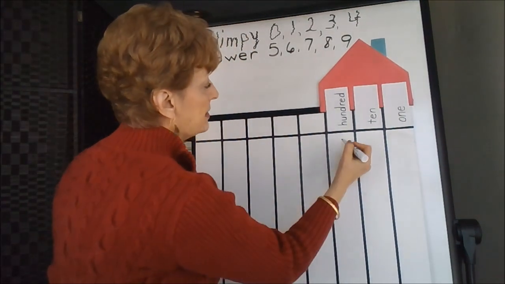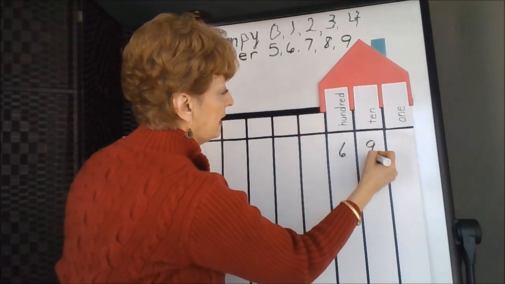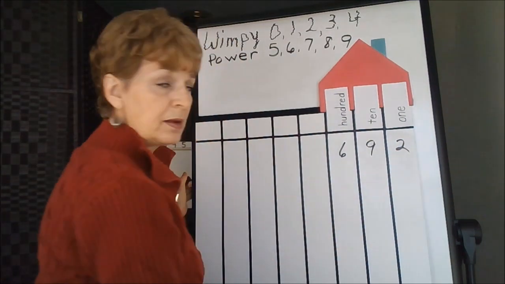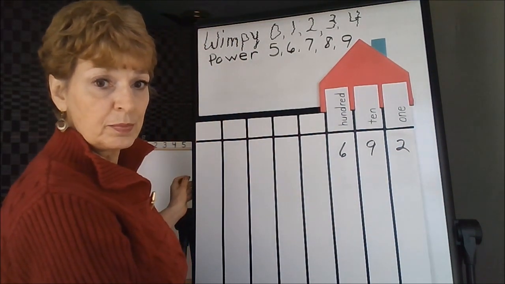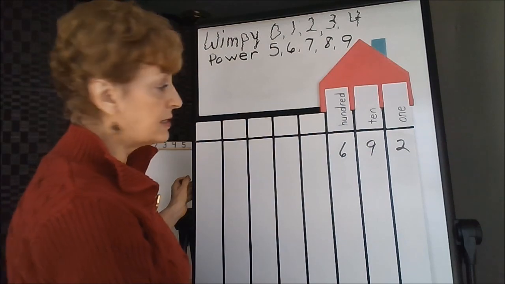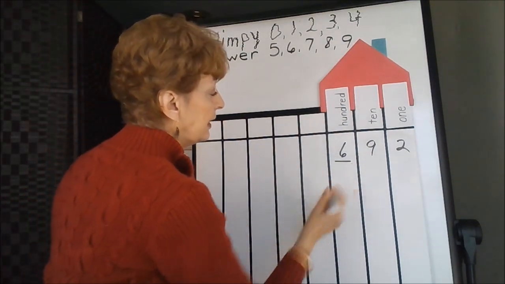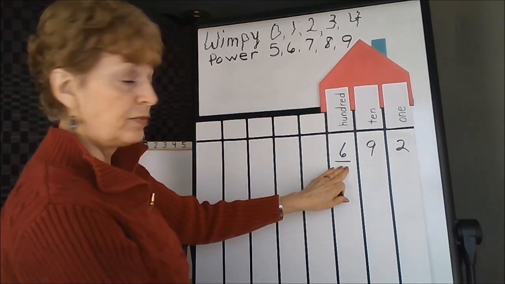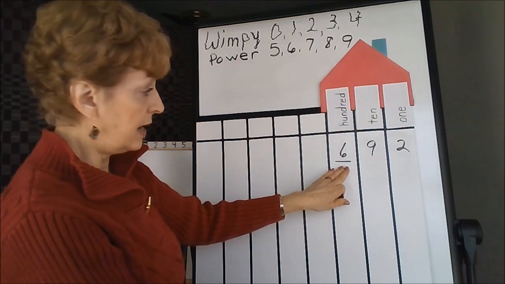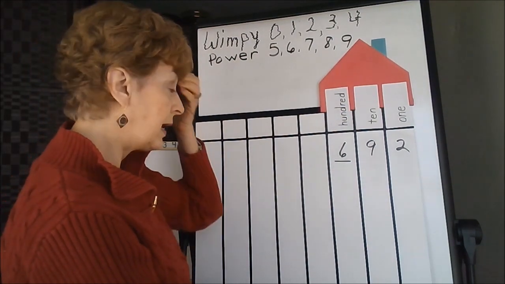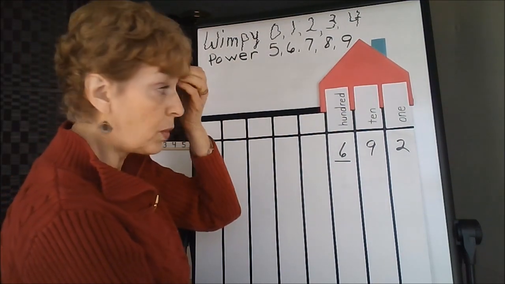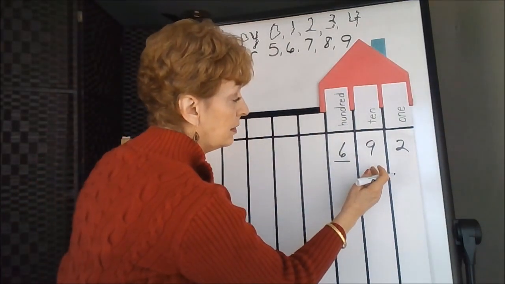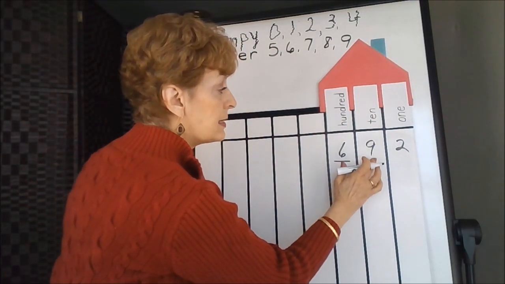If we took that same number, 692, but this time we wanted to decide the place value would be the hundreds column, we would be looking now to see if the 6 would change or stay the same. The digit that's right next to it, to the right, is a 9.